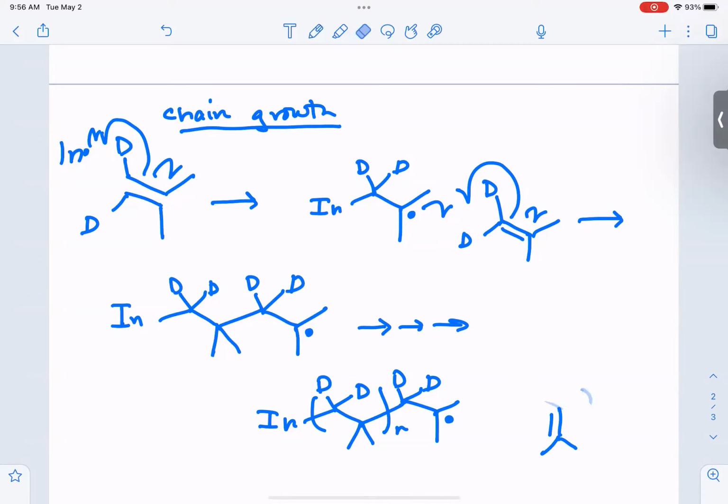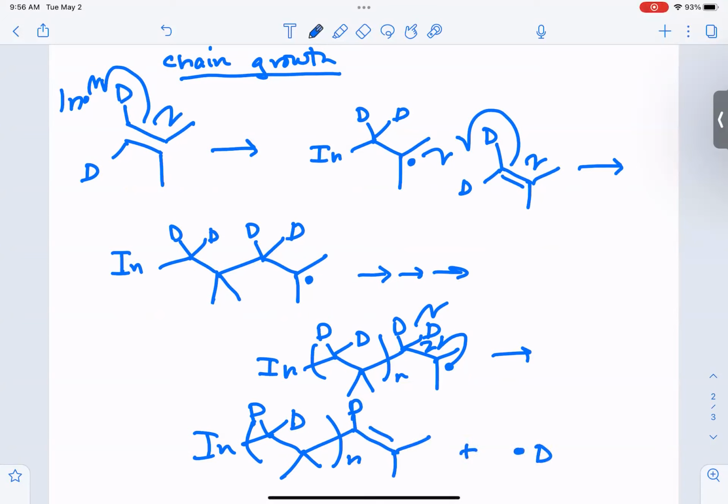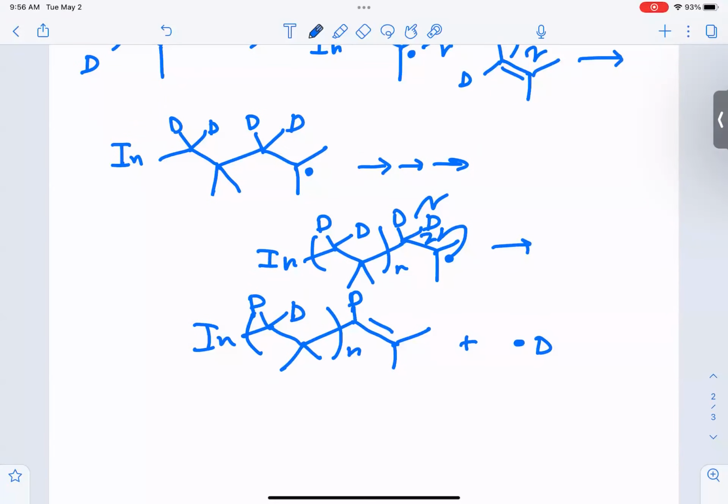So essentially, this radical here can combine, and then these electrons can go there, and you can get another deuterium radical. So with that first product where I had the double bond, I just didn't show the deuterium radical. Okay. So that was the first product with the double bond.